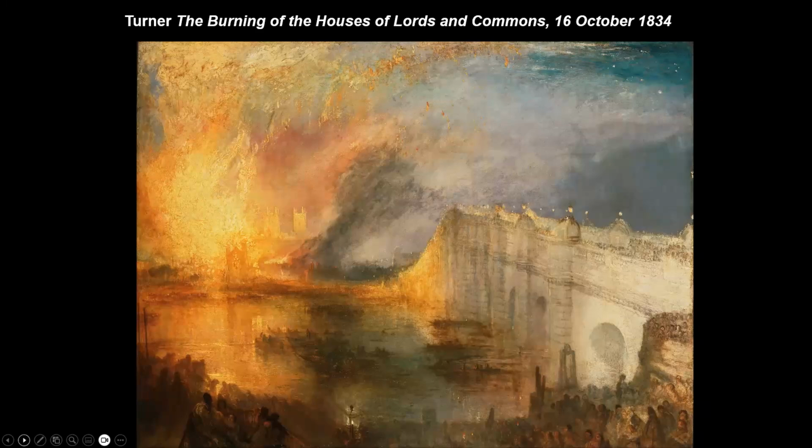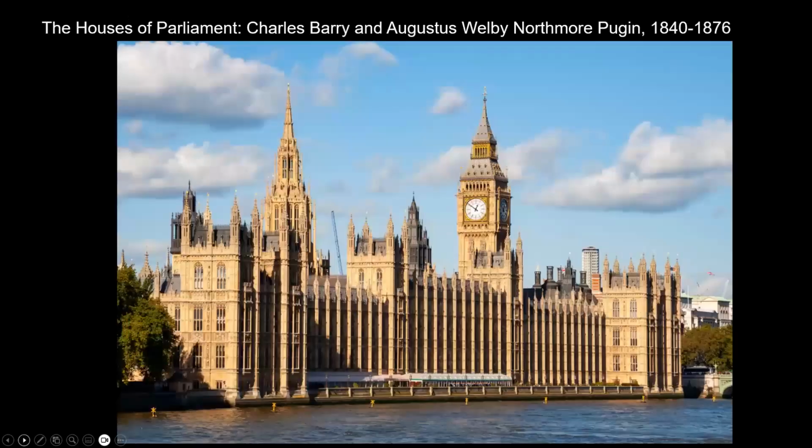Now, all of this leads to what becomes known as the Battle of the Styles, as there was a huge debate about what style to rebuild the Palace of Westminster in. We could have gone for the Sir John Soane classical style, but in fact, we opted for something distinctly Gothic.